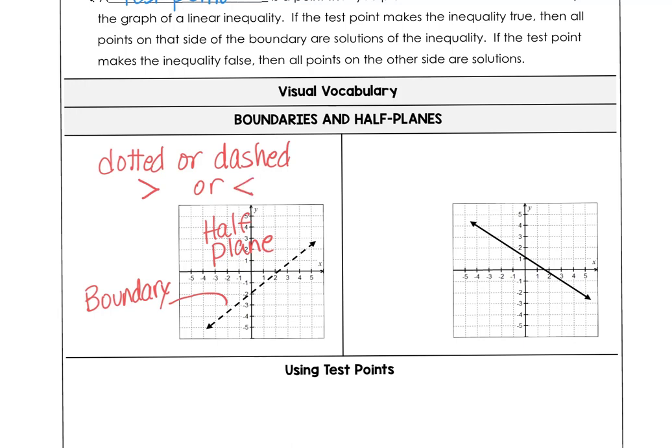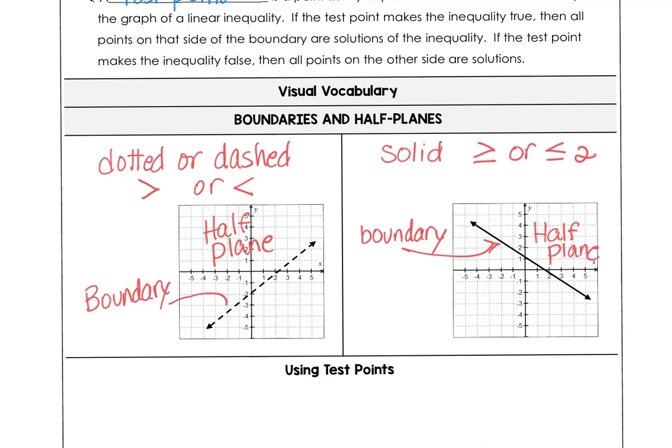But when you have a solid boundary line, you have a greater than or equal to or a less than or equal to. And here's our boundary. In this case, this would be the solid line. And we have a half plane above and we have a half plane below.